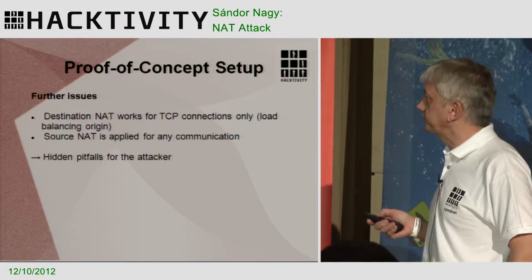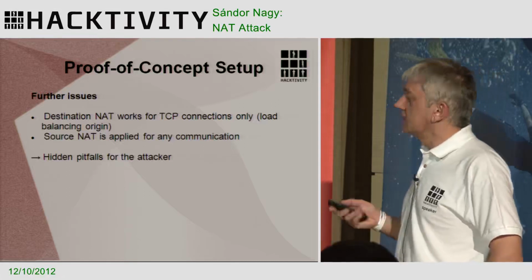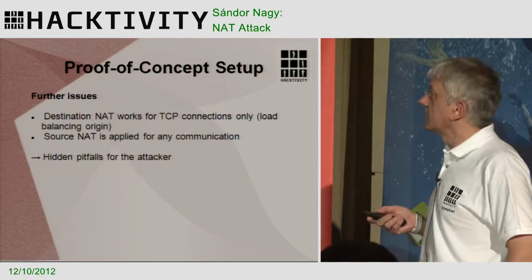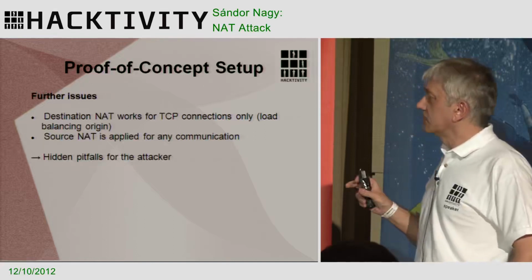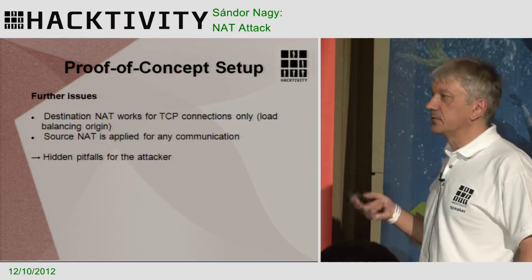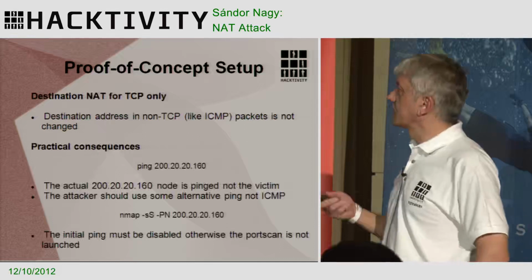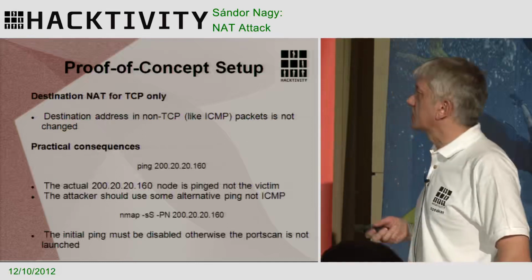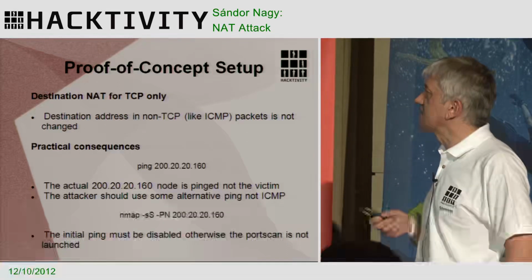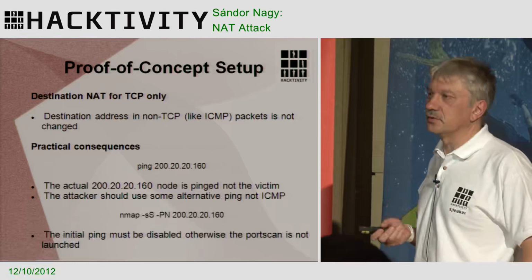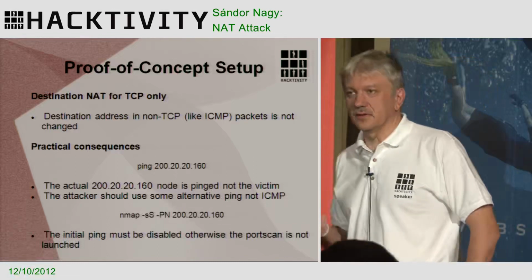To be specific, the problem is that destination NAT is applied for TCP connections only. So in case of a TCP connection, the destination address translation is done. And otherwise, in case of other protocols, the destination NAT is not applied.